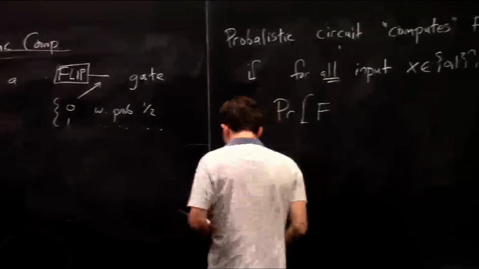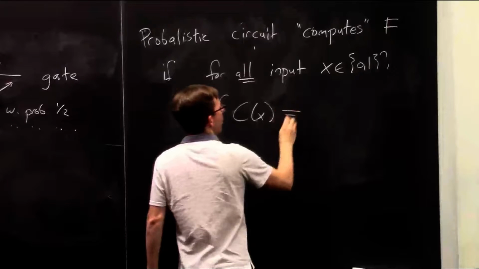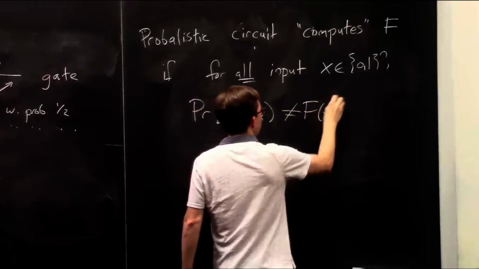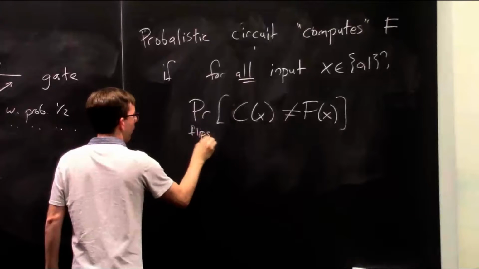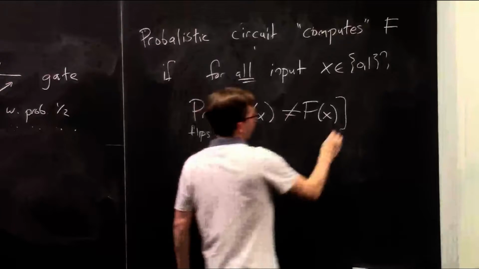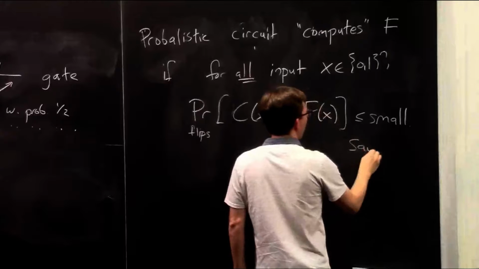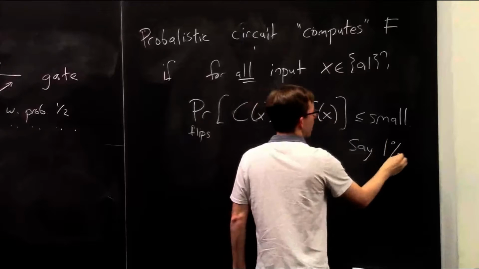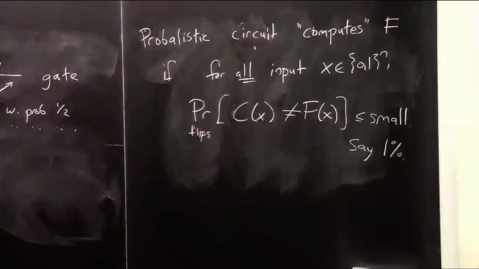So the probability that C of x, what the circuit outputs, differs from what the true output should be, f of x, and this probability is with respect to the coin flip gates, should be small. What you actually define small to be doesn't matter too much. We can say 1%. As you saw in the homework, if it's 40% or if it's 0.01%, it doesn't make too much of a difference. If you have an algorithm with 40% error, you repeat it a few times, you can get the error down lower.